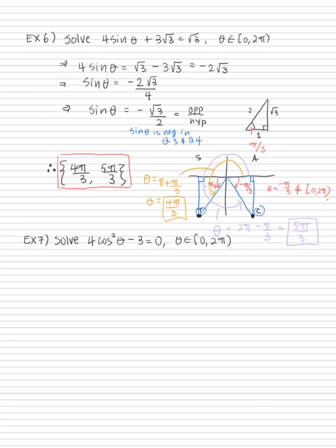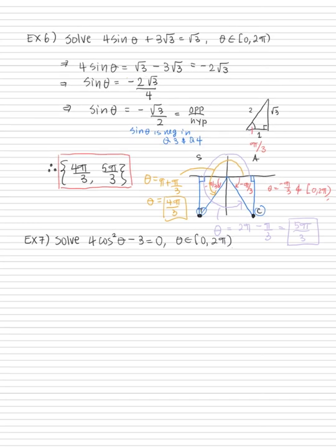Okay, let's go over this. So first, I'm going to solve for the cosine. So let's move the 3 to the right hand side. Then dividing by 4.